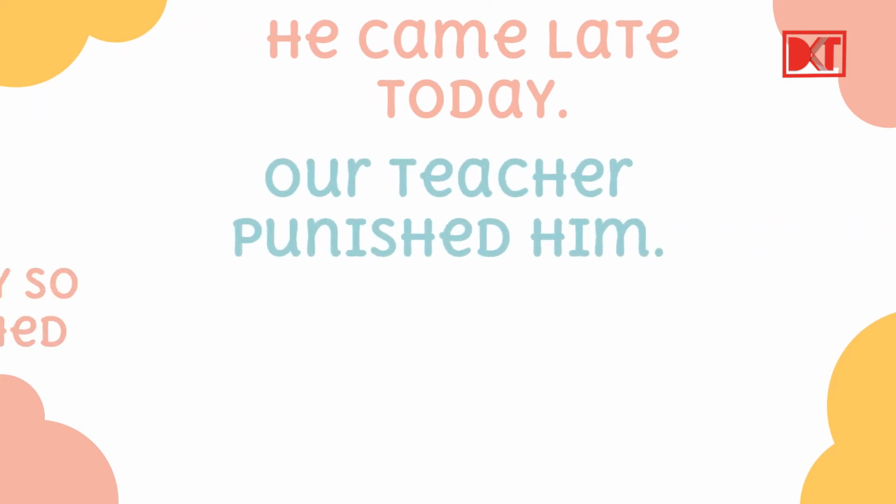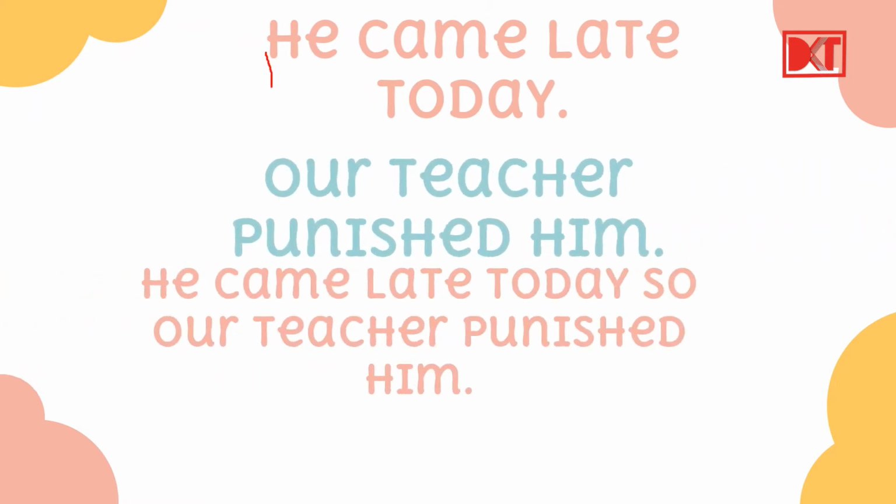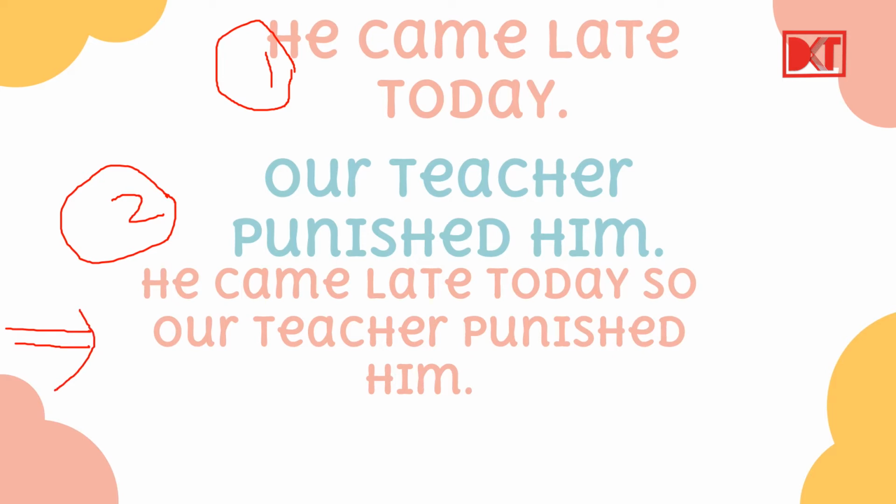Another example. He came late today. वो आज लेट आया. Our teacher punished him. टीचर ने उसे पनिश किया. दो sentences हैं. अब इन दोनों sentences को हम एक sentence में कैसे join करेंगे? He came late today, so our teacher punished him.